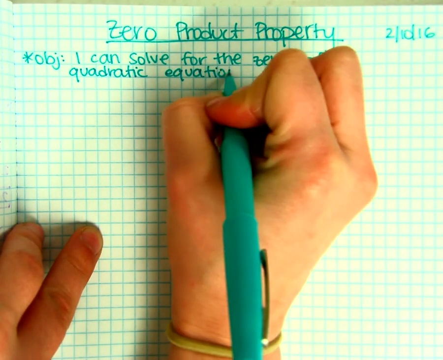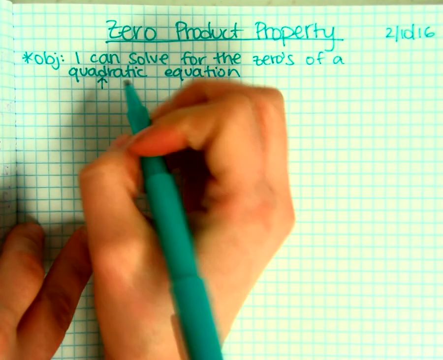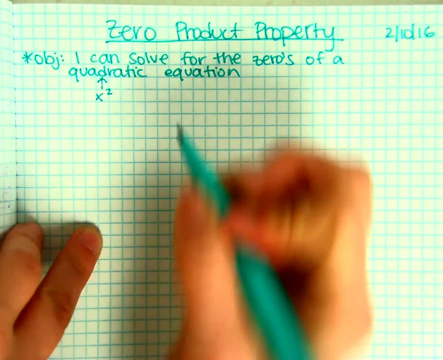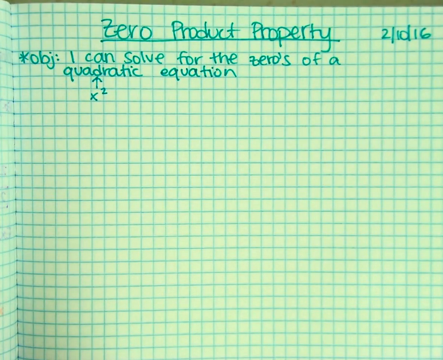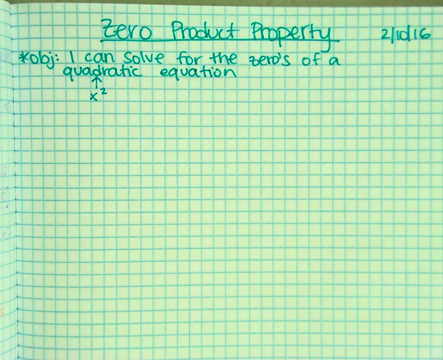So let's just quickly go over and make sure that we remember a quadratic has something squared. Usually it's an x. Alright, and zeros, we're going to talk about what that means today.